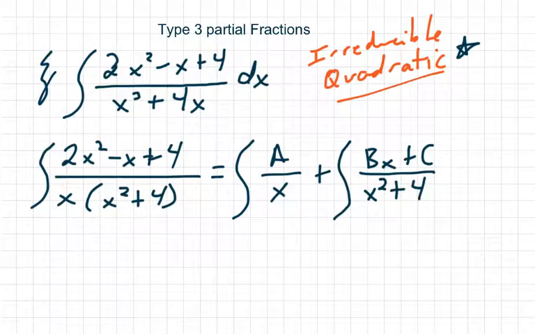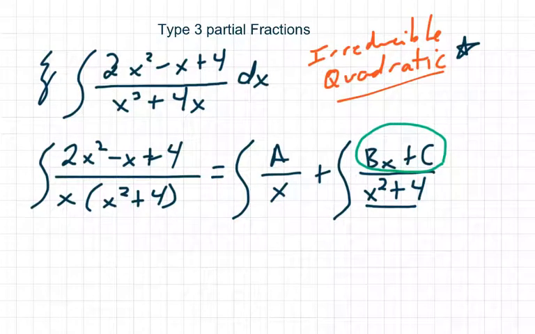So now you can imagine type 4 would be an irreducible repeating quadratic, and so on and so forth, and you just keep going like that. It's so similar to type 1, 2, and 3 all mixed in. Type 4 and 5 just keep going. Okay, so this is what we've got. So when you've got your irreducible quadratic, you set it up with this on top only when you've got that.